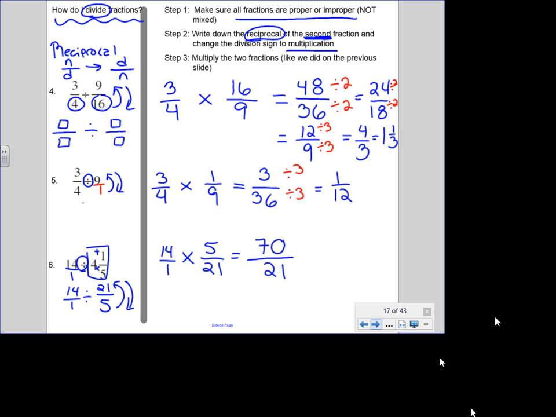So if I'm not using my calculator, I'm trying to think of common factors that I can simplify this fraction by. So if I divide by 7, I'll get 10 in the numerator, 3 in the denominator, which is correct. And if you wanted to write it as 3 1/3, you can do that as well.